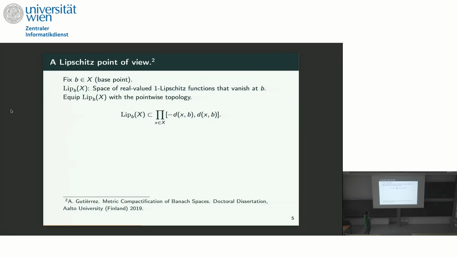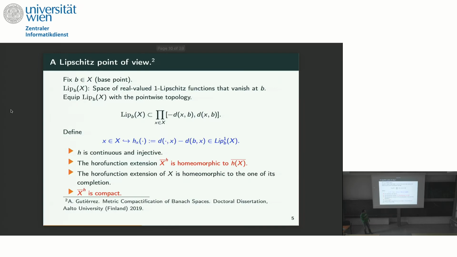And we can see that Lip_b is actually contained in this, again, compact product space and is closed for the product topology. And we define the same. Somehow, now the quotient by constants amounts to setting all the distance functions to be 0 at this base point. What do we have? H is continuous and injective.